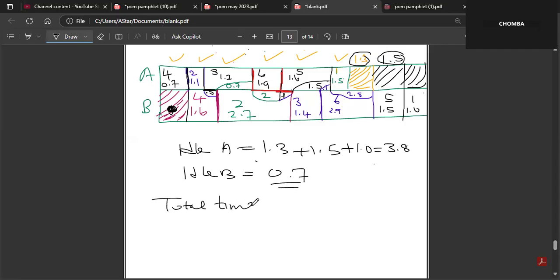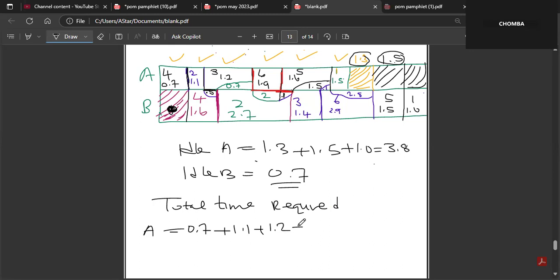Total time required. So this is what I told you about this Gantt chart, to say you need to be very careful. You get the point? You would need to do proper addition here.